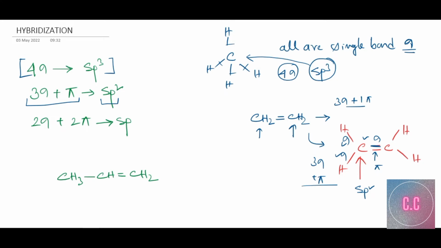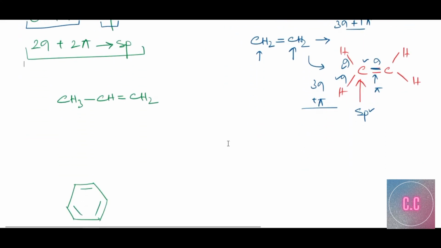In the same way, remember, 2 sigma and 2 pi means sp hybridized. Now see the example, CH triple bond CH. In a triple bond, remember, always one is sigma and the other two are pi.